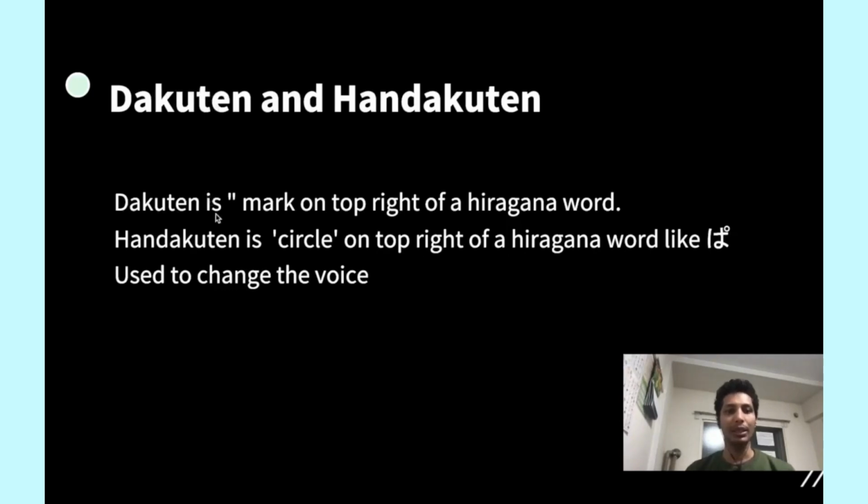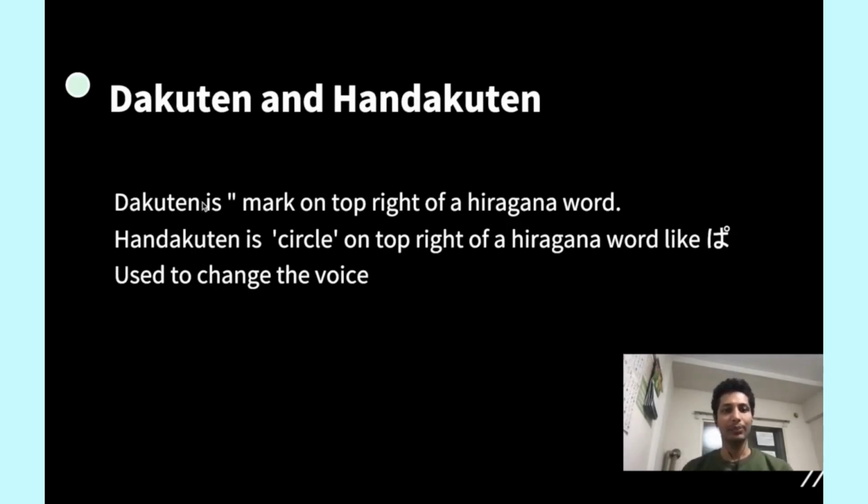So Dakuten is tenten. You can see this is called tenten in Japanese. So tenten is a mark on the top right of a hiragana character. What you need to do is take a hiragana character, put tenten, this mark, on the top right corner, and that will become a dakuten.